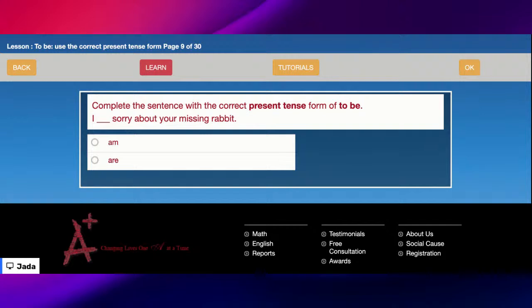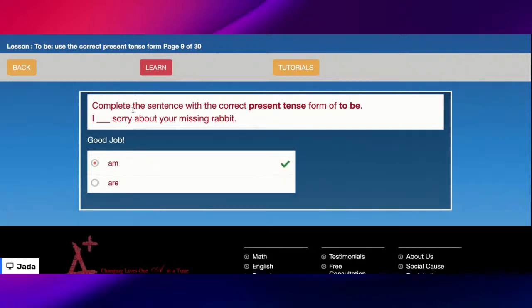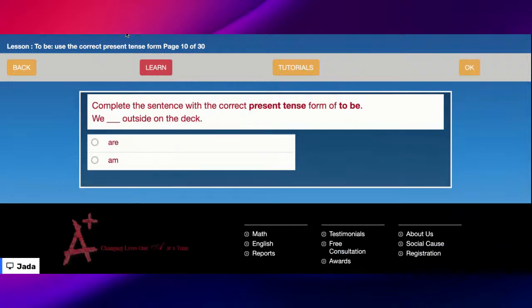Okay, so what's this one? What's the right answer here? I am sorry. Good job. So we say, I am sorry about your missing rabbit. Okay, perfect.